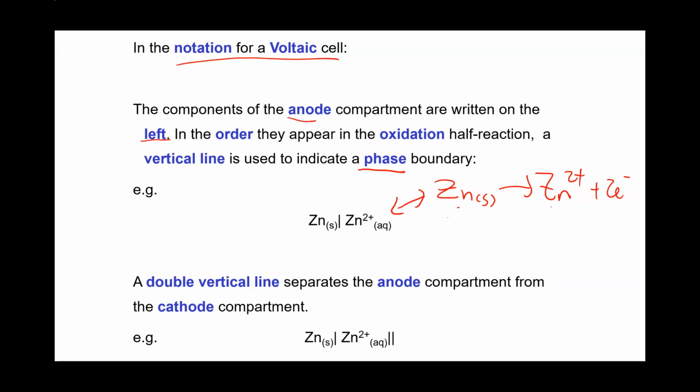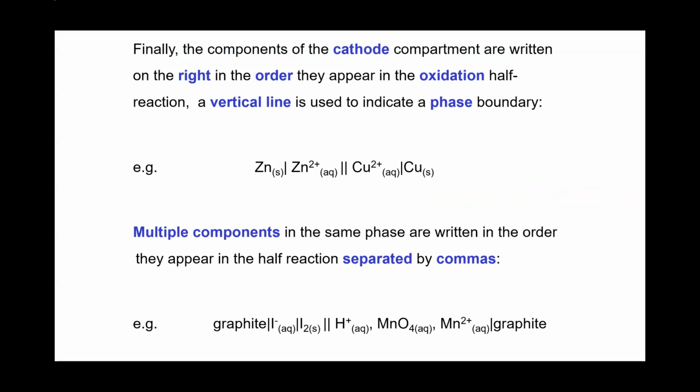Those two things are equivalent. Now I write a double vertical line, and then I write what's happening over in the cathode. How I write out what's happening in the cathode is I write out the components of the cathode in the order that they appear in the reduction half reaction.